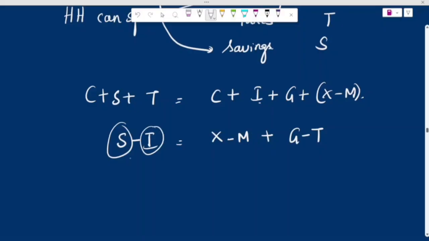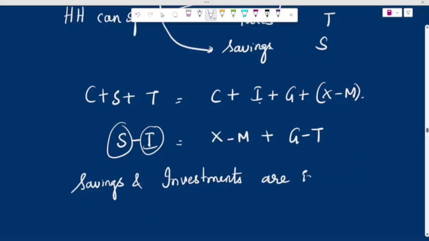If savings are more, the investments will be more. They are inherently related. They might ask, what all the things are inherently related? Savings and investments are inherently related.